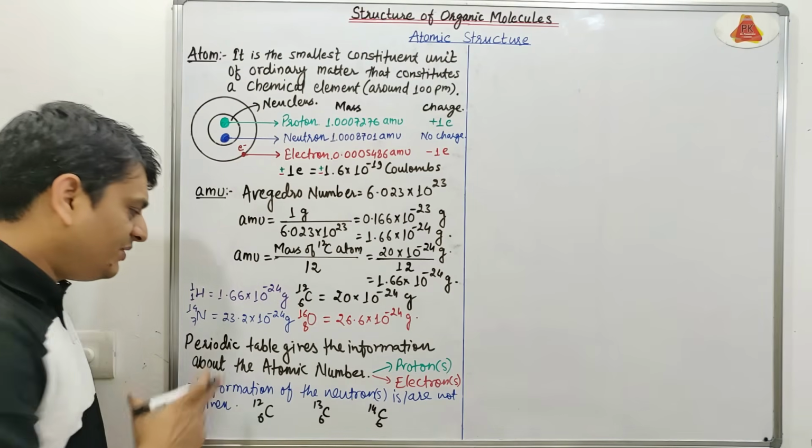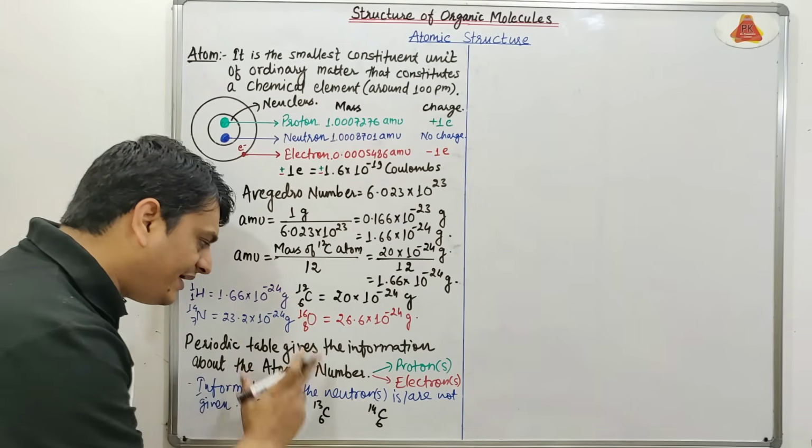So here you can see that the periodic table gives the information about the atomic number.